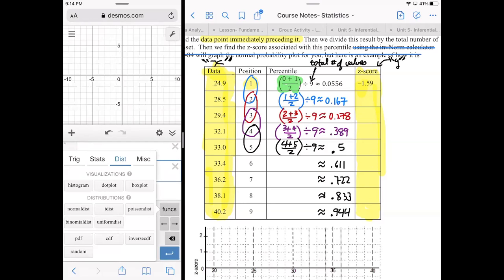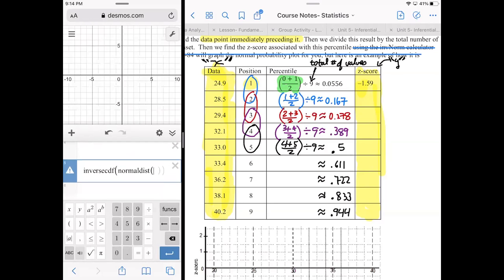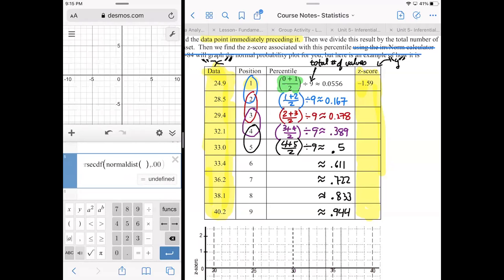Then you're going to select normal distribution, which I guess I'm fine with. But then for whatever reason, you close parentheses. That part I don't like at all. And then you type in your decimal. I'm just going to check it for the first one to make sure it gives the right value. So it works. I just don't like that one bit.